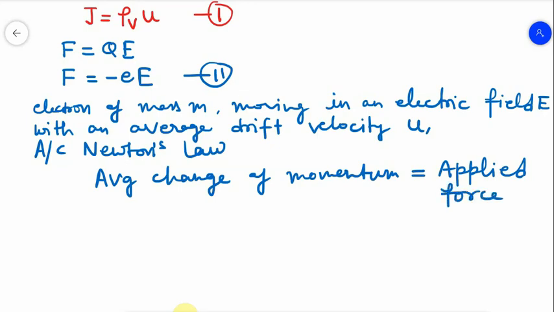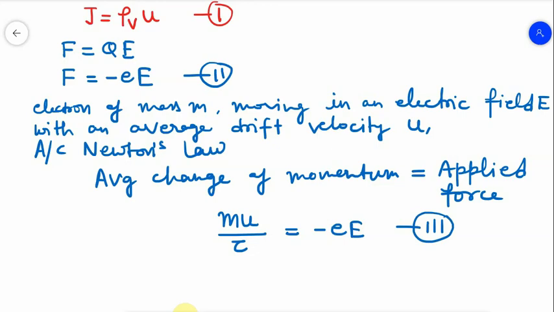So what is the average change of momentum? It is mass into drift velocity u upon tau, where tau is the average time interval between the collisions. And the applied force, from equation 2, is minus e into E. Let this be the third equation.